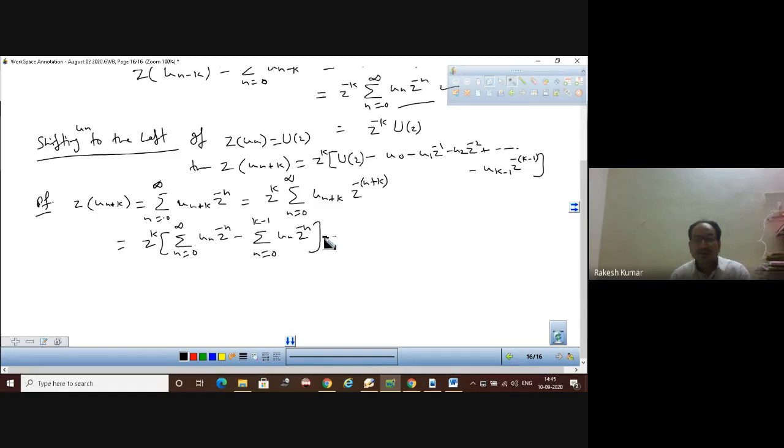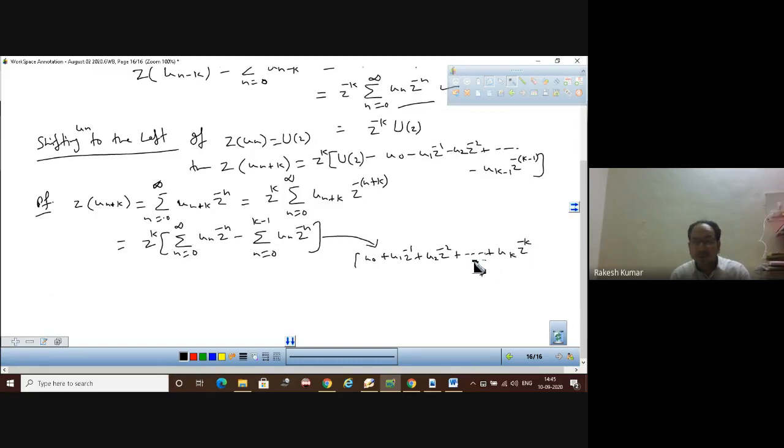What is this? I am trying to give you the explanation over here. Summation n from 0 to infinity u_n z power minus n. Let us open this. That is u_0 plus u_1 z inverse plus u_2 z power minus 2 plus so on, and somewhere there will be u_k z raised to power minus k.